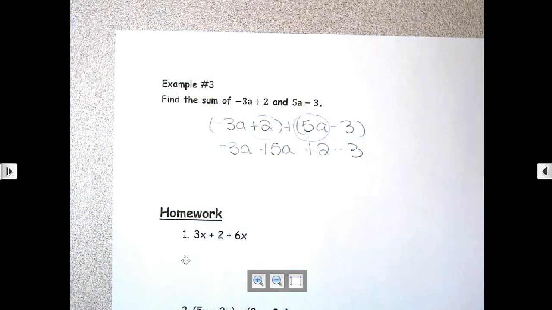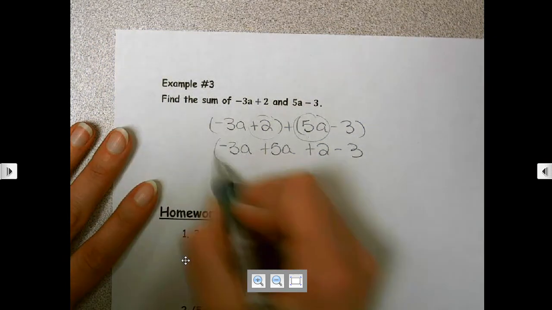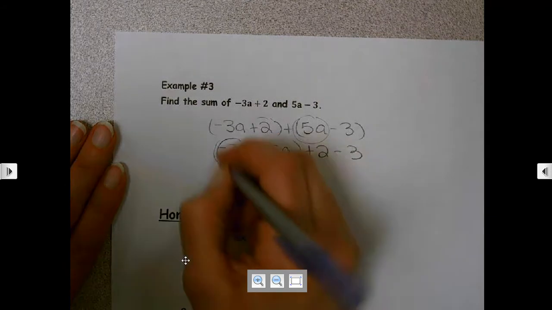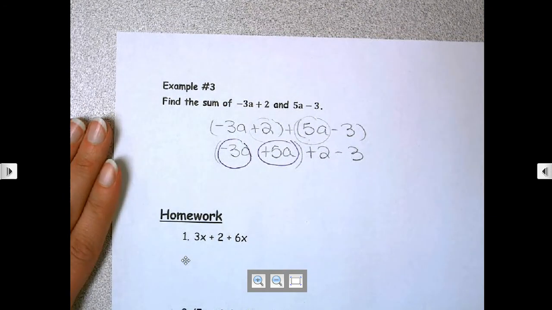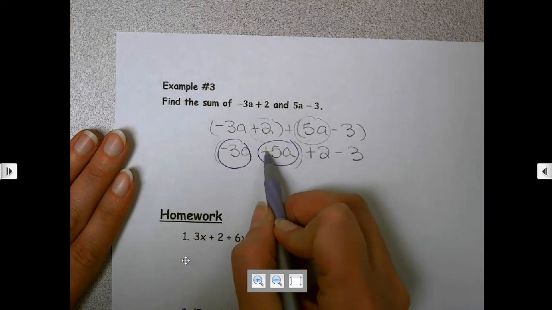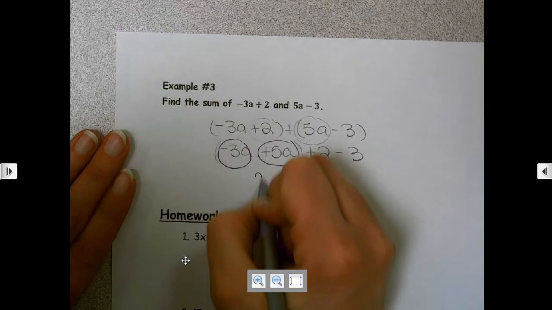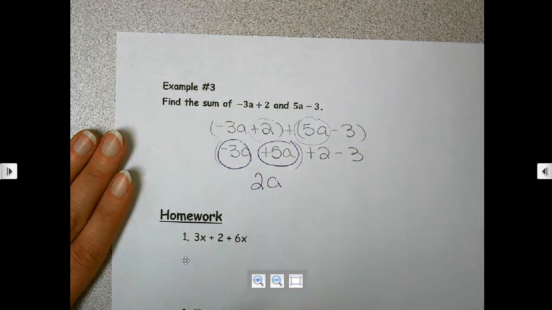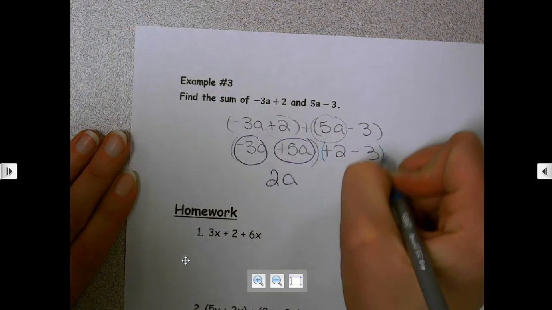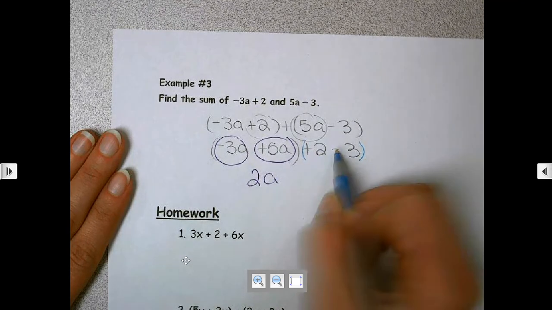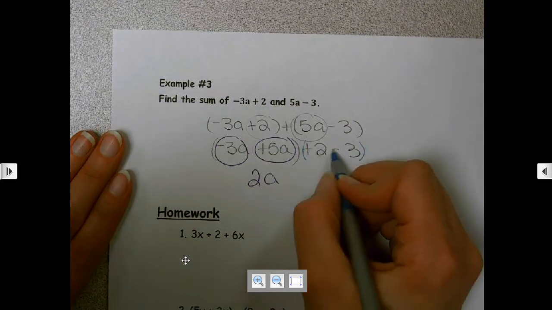So if I take a look, I have negative 3a plus 5a. These two terms are like terms because their variables are exactly the same. We're going to add the coefficients together, negative 3 plus 5, and that is going to give us positive 2a. Then I'm going to take a look at the second grouping of the constants, positive 2 minus 3.